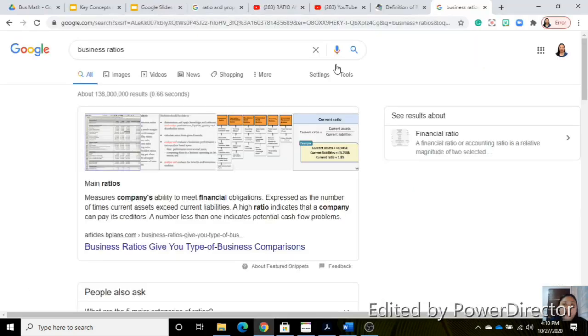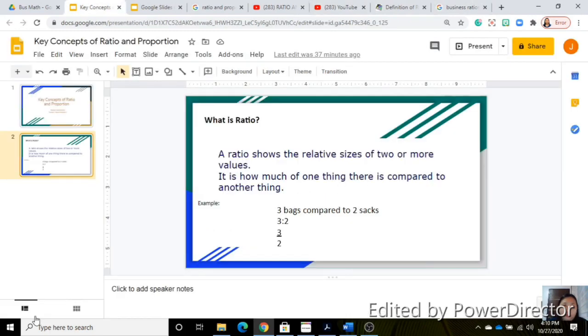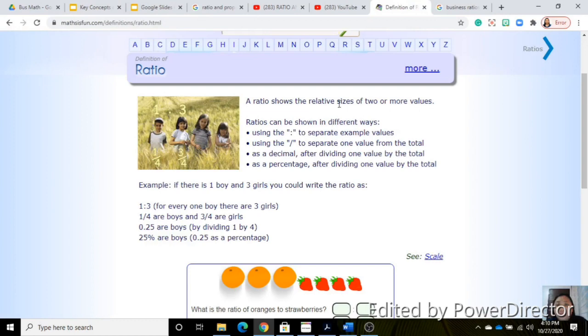So, tingnan natin, we talk about ratio. Sabi sa matrix span, ratio shows the relative sizes of two or more values. Diba? Yun na sinasabi ko, ito yung bilang sa isang set compared to other set. Example niyan, we have one boy and 3 girls.